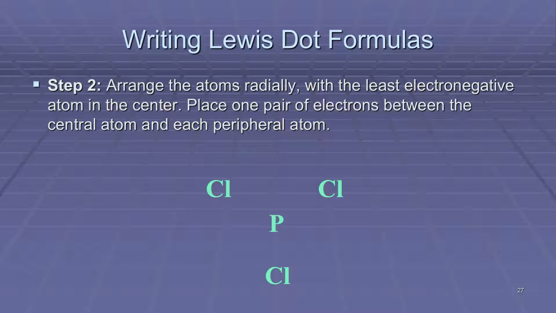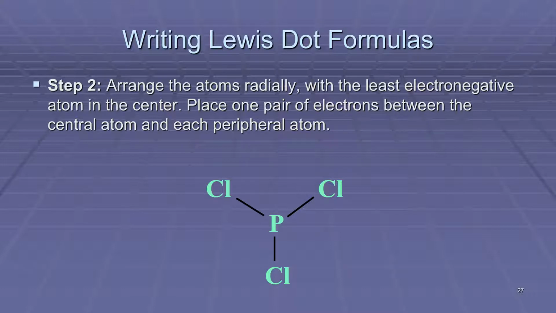There are exceptions to the rule. Phosphorus, being in the 5th column, tends to want to make 3 bonds, so it's really good for it to be in the center. But if you find the least electronegative atom in the center, that's also very helpful. Okay, so step 2 means arrange the atoms.